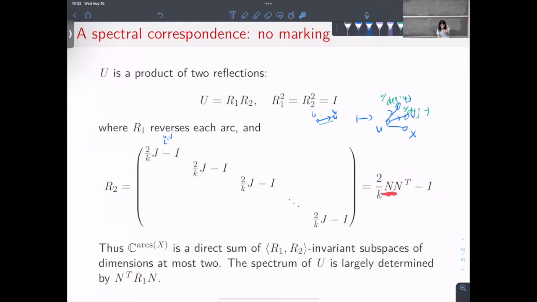And there's a nice expression for N. It's actually the arc-tail incidence matrix. So if you bring all these all-ones vectors into the same matrix, N is going to look something like 1s, 1s, and the rows are indexed by the arcs, UV, while the columns are indexed by the tails of the arcs. So that's an arc-tail incidence matrix.